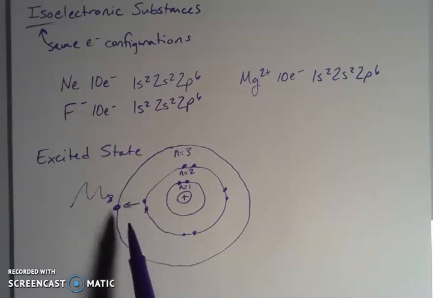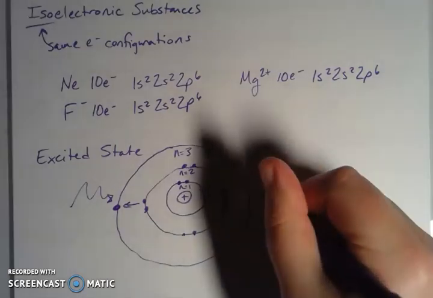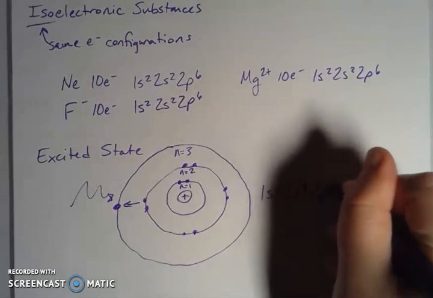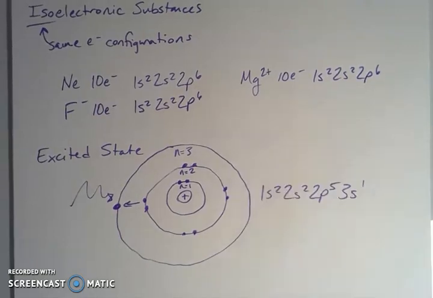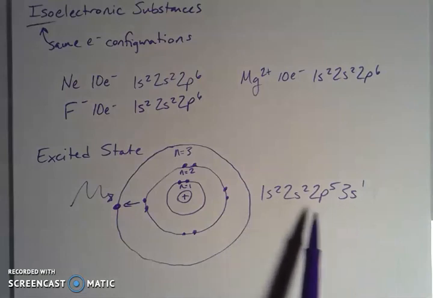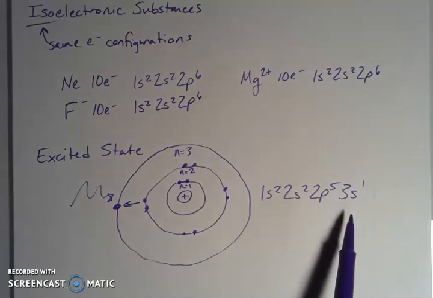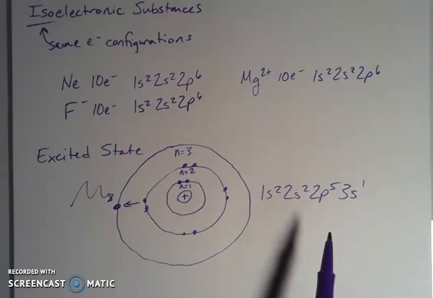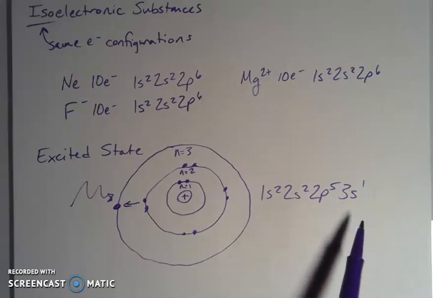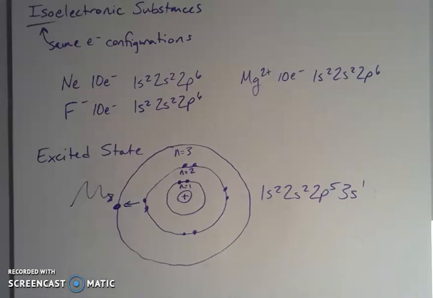So now it's in the third shell. Now I would have 1s2, 2s2, 2p5, 3s1, right? So now I have something that has jumped to a higher level, and we can recognize the excited state because it looks slightly different than what we would expect for a normal electron configuration, right? Something's amiss. Something's a little bit higher energy than it should be. So we could recognize it that way.